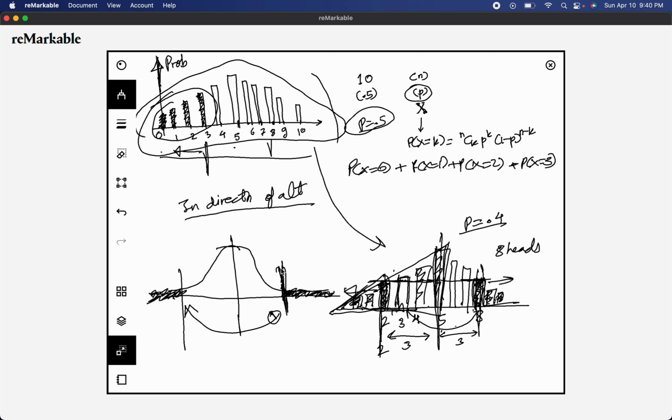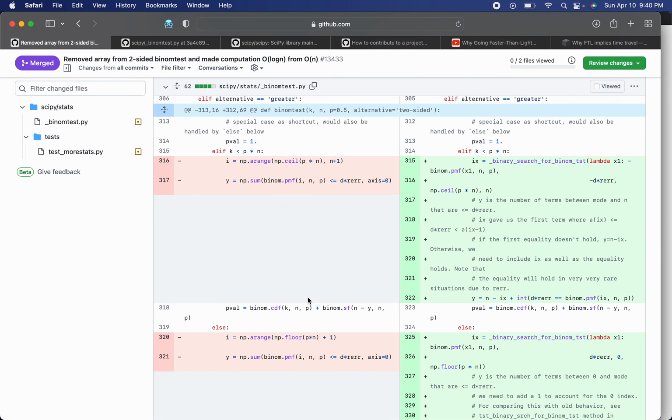So you're at 8, and you want to find the right place on the other side. You're always searching in a sorted array, and because it's a sorted array, you can use binary search and make that lookup O(log n) instead of O(n). And that's the other improvement I did.